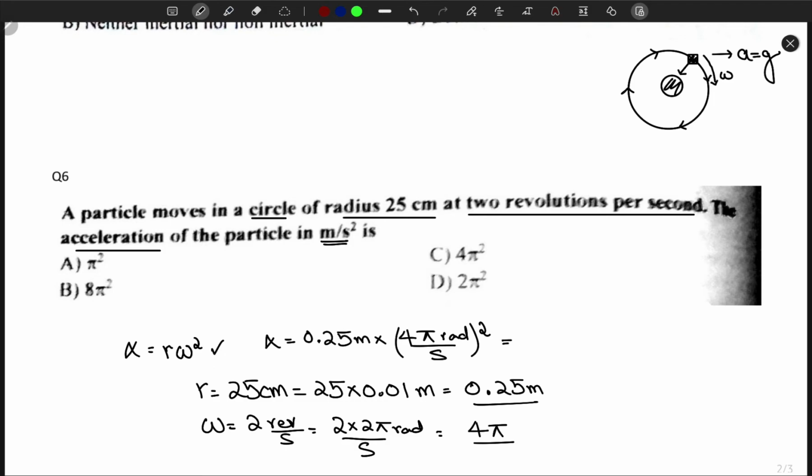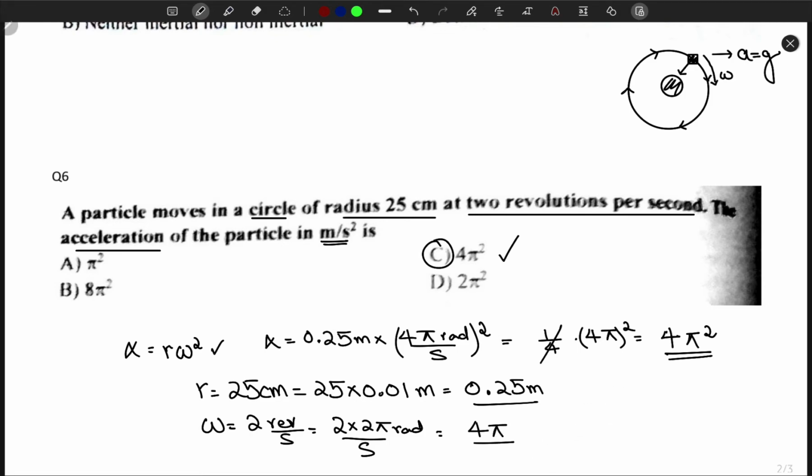So if you evaluate this, you get, well, the 0.25 is just 1 by 4, right? And you have 4 pi squared. So this 1 by 4 gets rid of one of the 4s. So we are left with 4, and we have pi squared. So that's the answer, 4 pi squared. And that's the correct option, C. So that's what we'll choose.